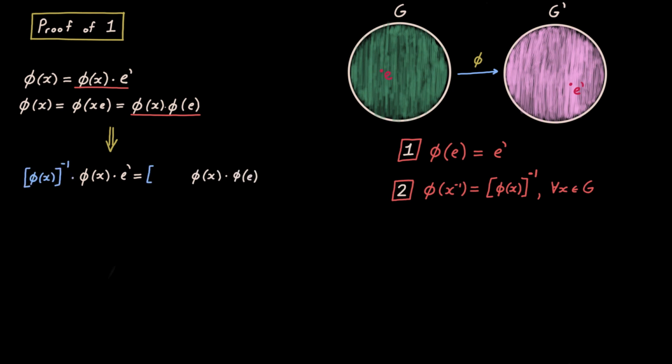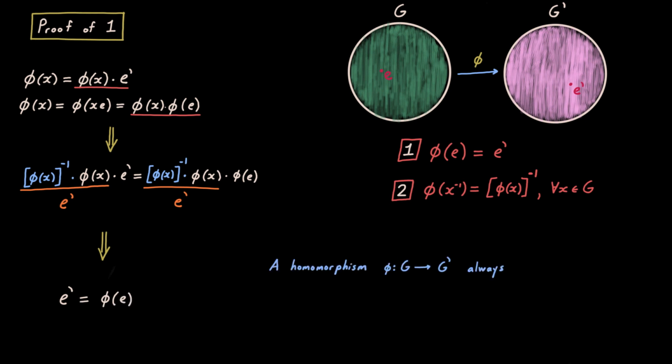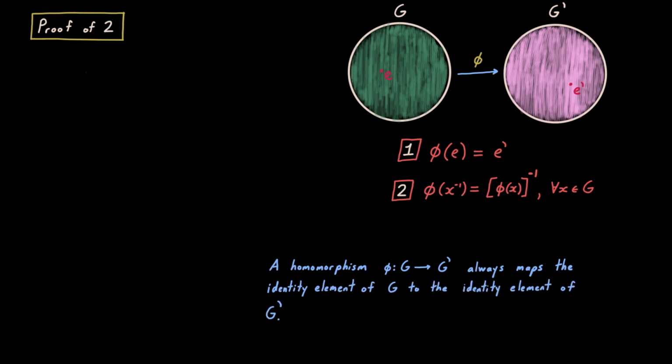Set those two red underlined expressions equal to each other and do left side multiplication by phi x inverse, the inverse of phi x. So in one fell swoop, we get that the identity element of G always maps to the identity element of G prime. And that's our starting point for the second property proof.